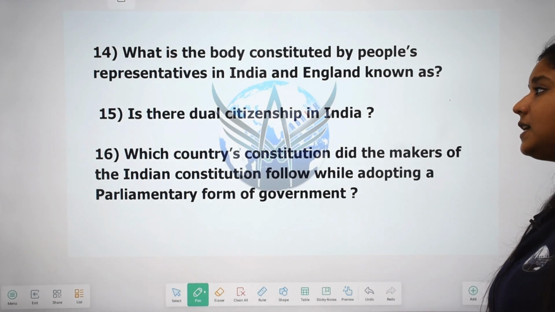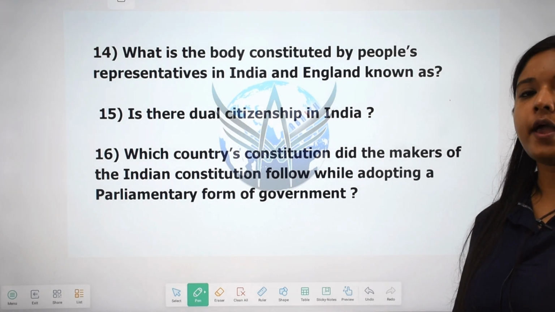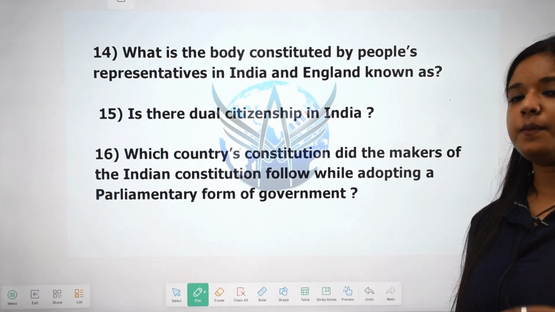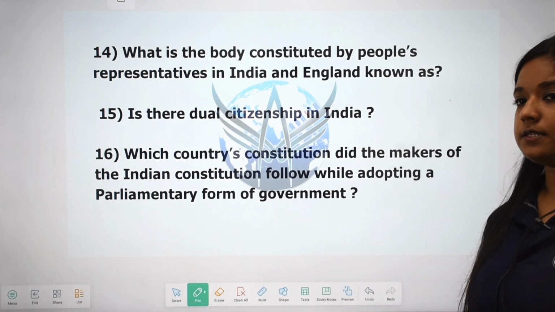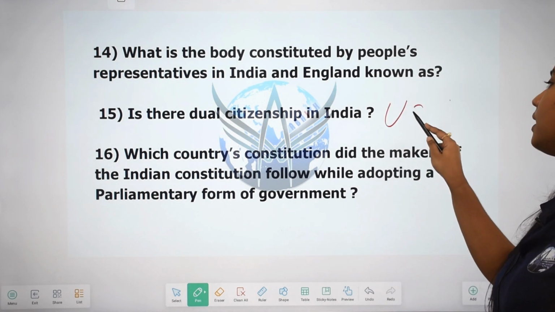Next, is there dual citizenship in India? No, we are all Indian citizens. We are not Assam citizens, Madhya Pradesh or Maharashtra citizens; we are solely Indian citizens. But there is a country with dual citizenship: the US.